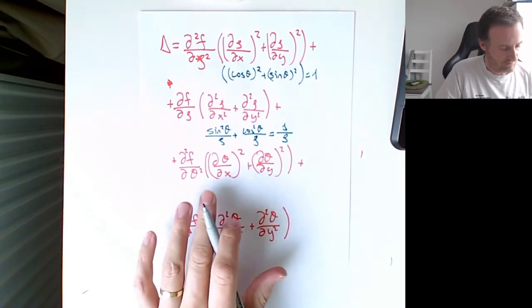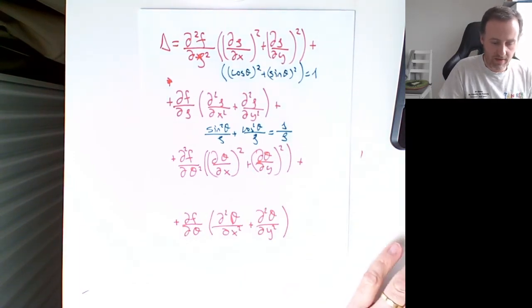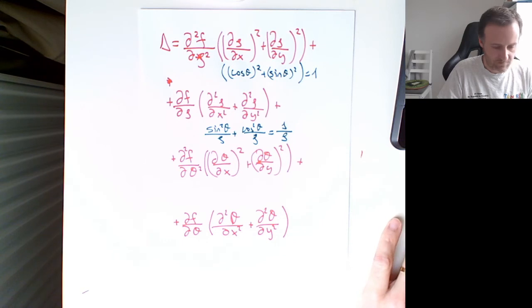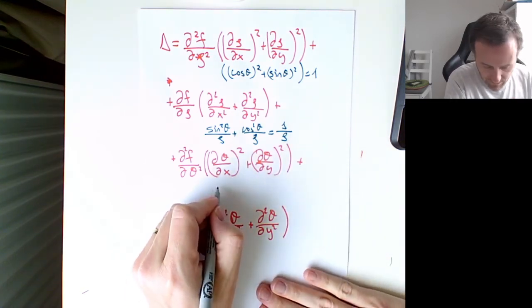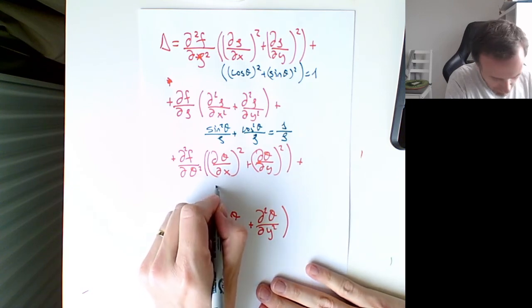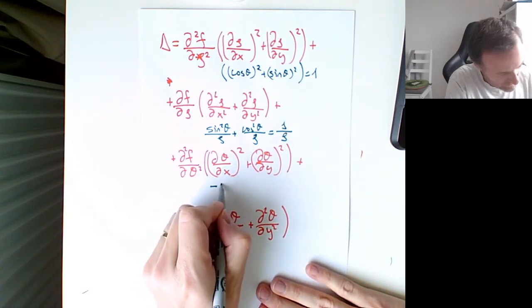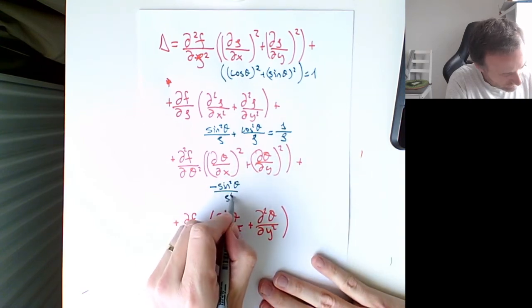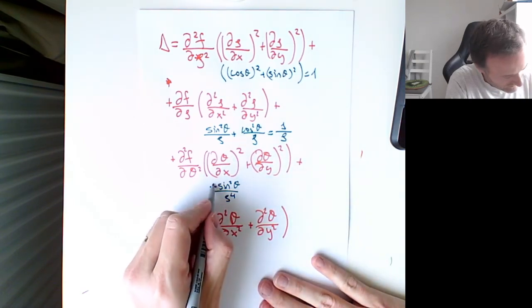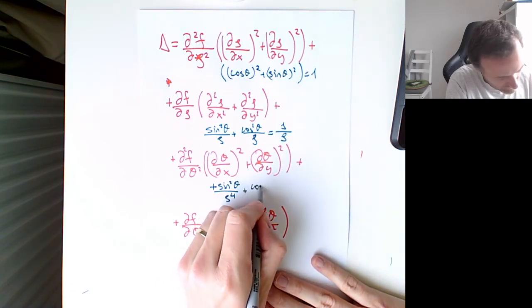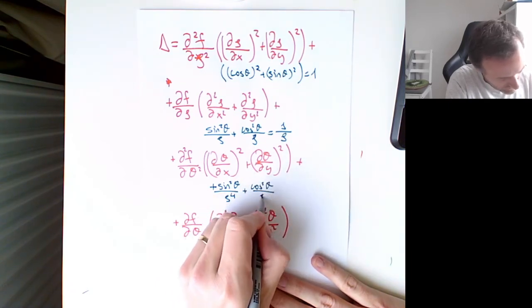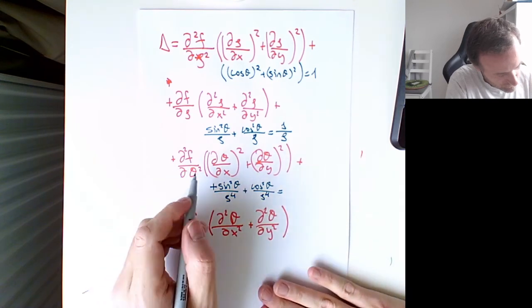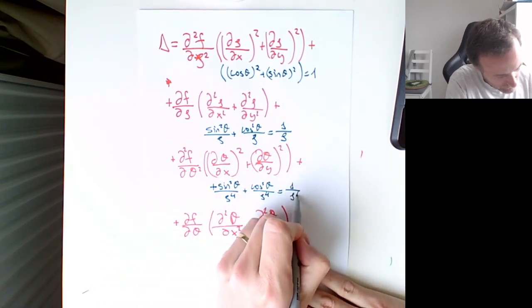Very well. Now with respect to theta, here we got minus sine squared of theta over rho to the 4. Sorry, that's a plus cosine squared of theta over rho to the 4. So what we get is 1 over rho to the 4.